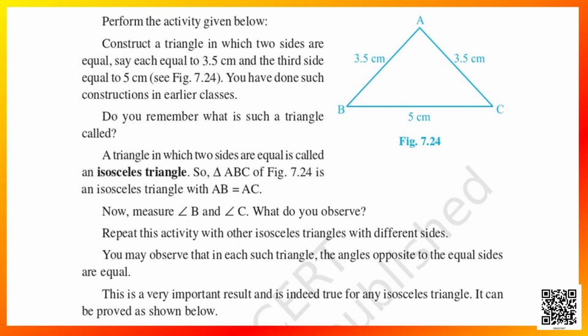So we have come to the conclusion for theorem 7.3. Students, now we have proved that the sides opposite to equal angles of a triangle are equal by AAS congruency. Now let us take some examples to apply these results.